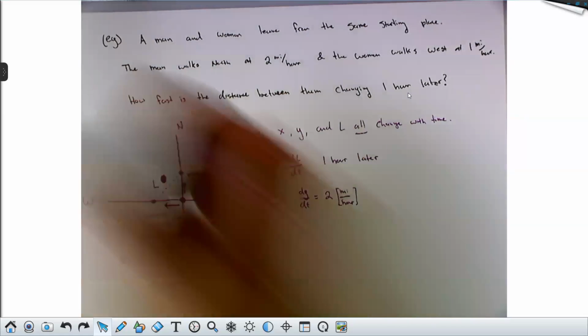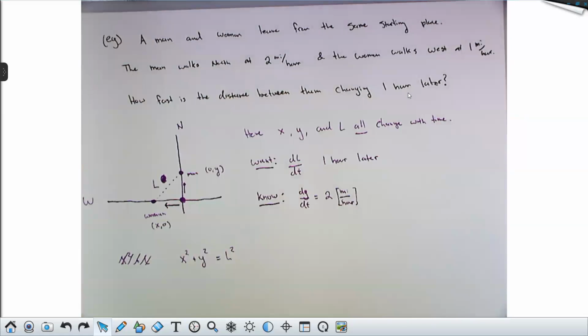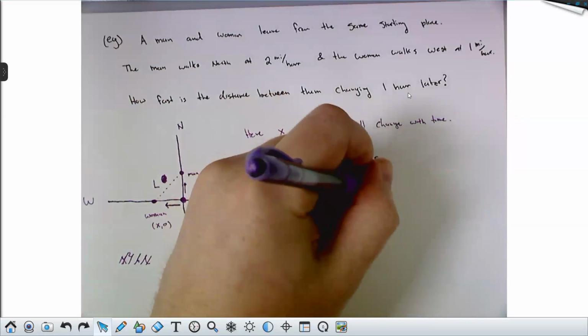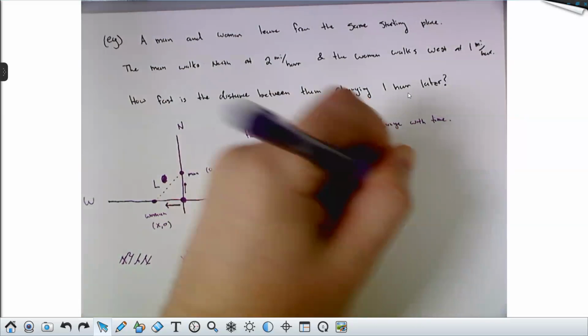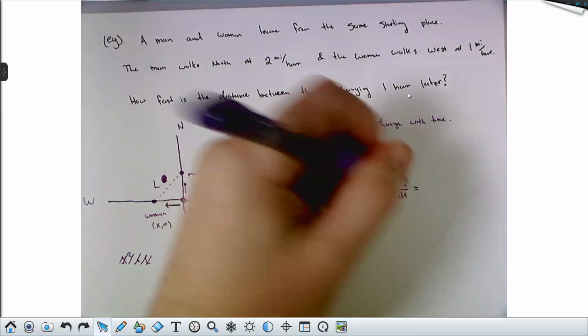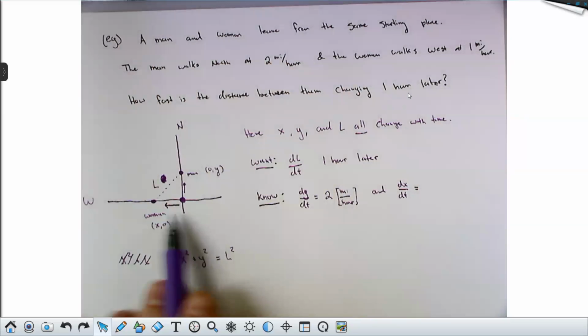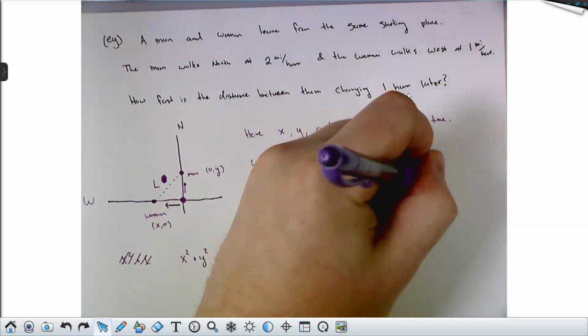I'll put units in the bracket like this, the MIT notation. And dx/dt, this lady's walking over here at 1 mile per hour.